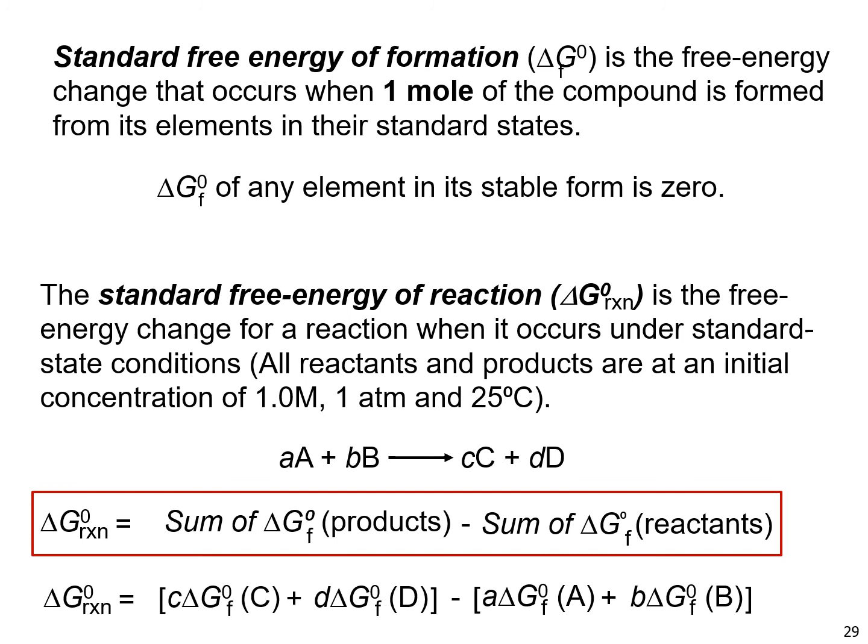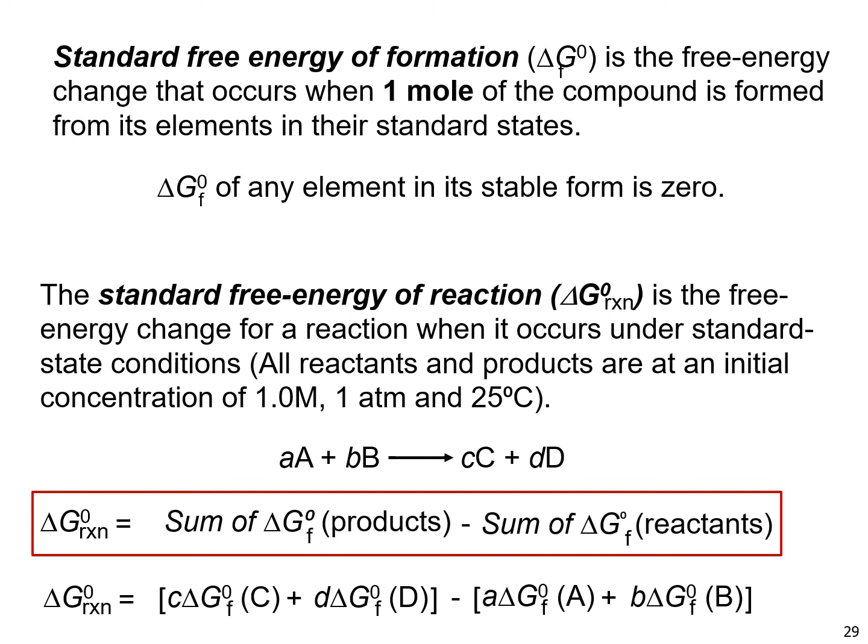Whenever 1 mole of a compound is formed, whatever change in free energy happens is called the standard free energy of formation. It's given by delta G naught F. Whenever it's standard, you put a naught. F is formation. So this is for a compound, right?